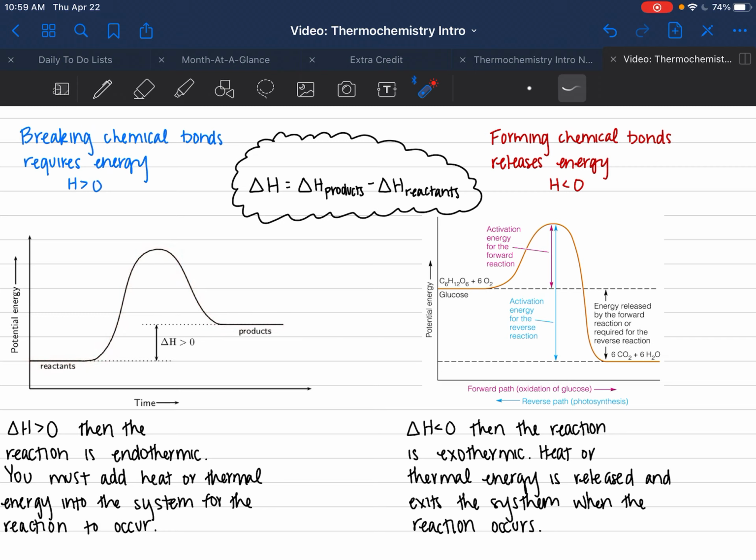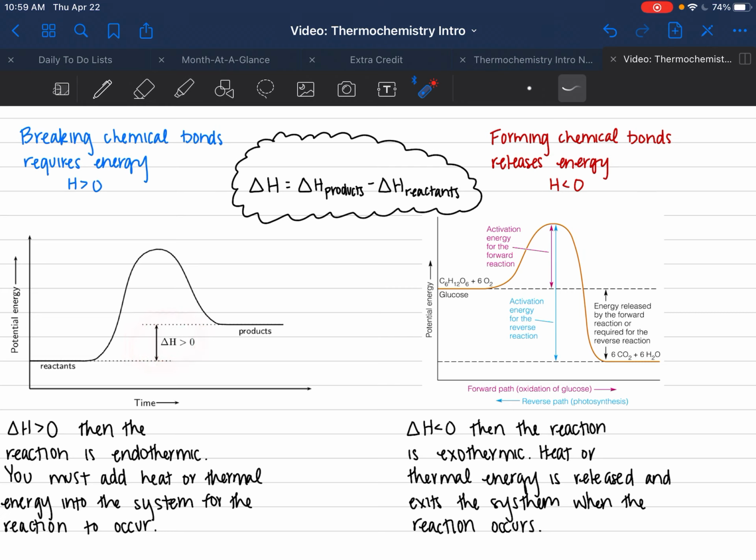And then we have the energy of our products. In this case, the energy of those products is much higher than the energy of the reactants. What this tells us is that that delta H is going to be greater than 0. So if that delta H is greater than 0, we have to make up for that difference somehow.